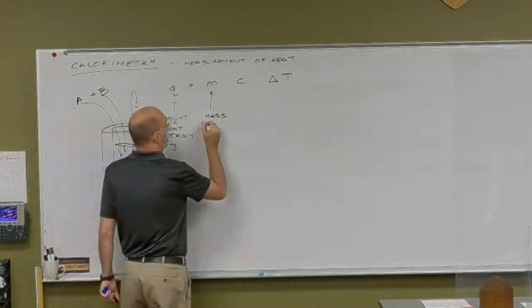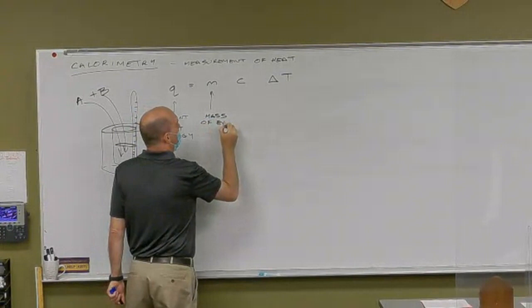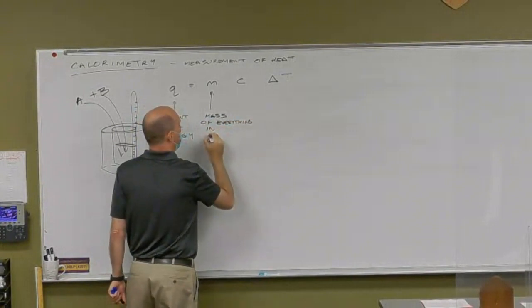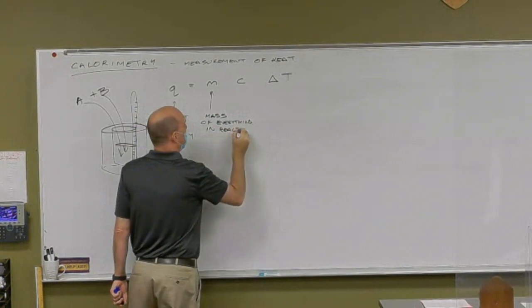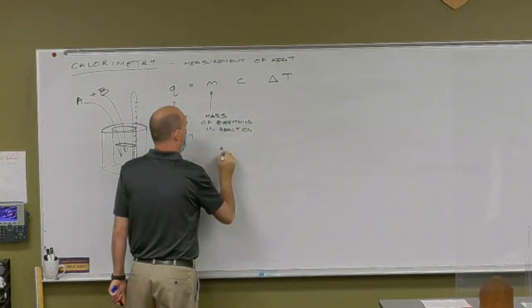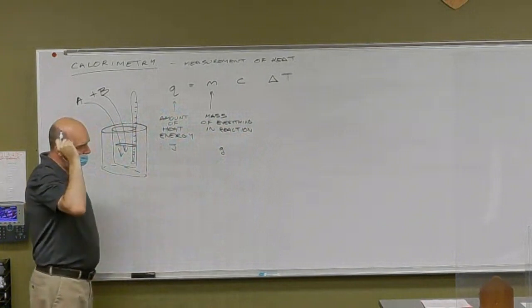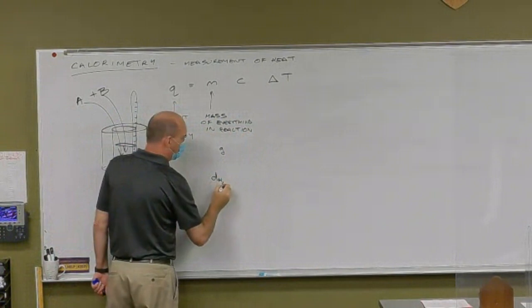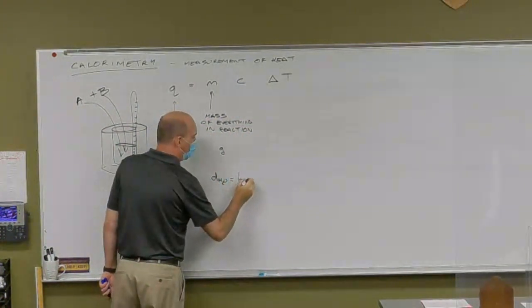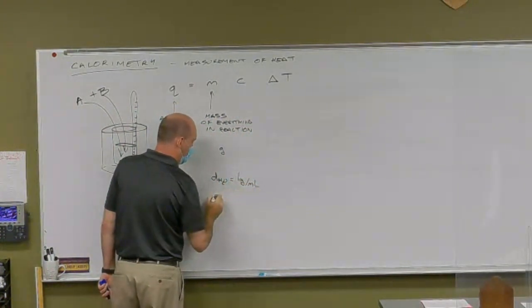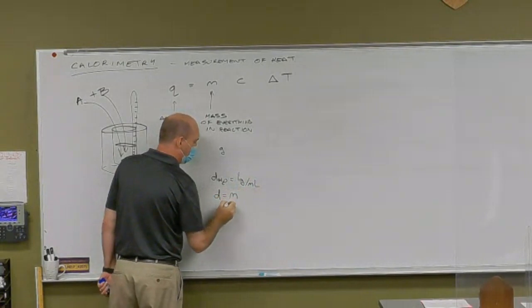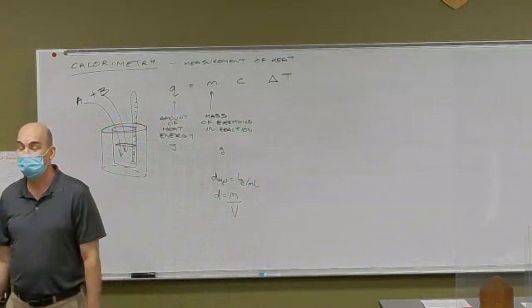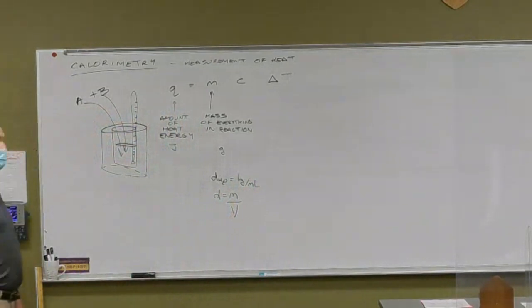This is the mass of everything in the reaction. So that's going to be in grams. How do we get to the grams? Well, we know that the density of water is 1 gram per milliliter, and density is mass per volume. If density is mass per volume, what does mass equal?